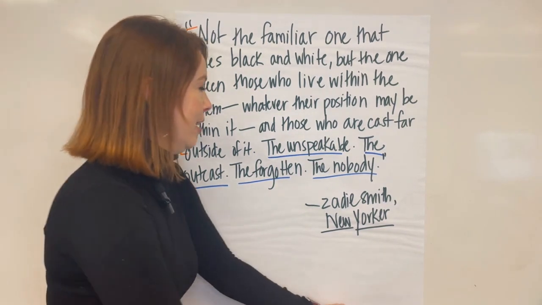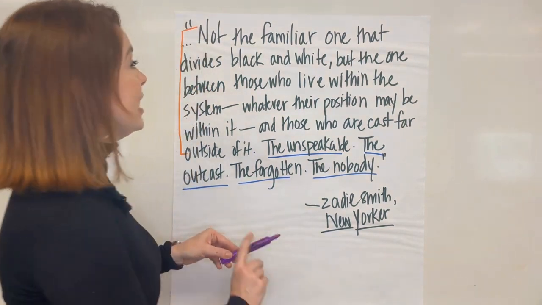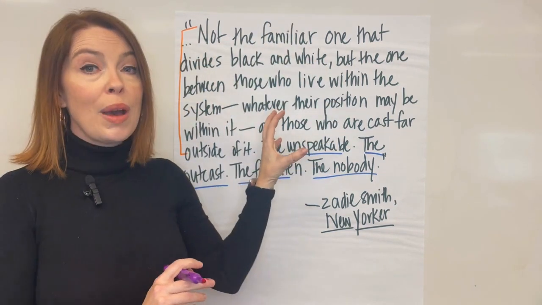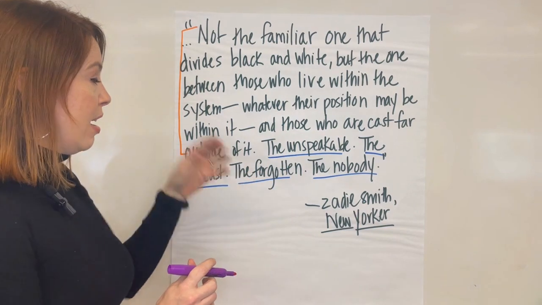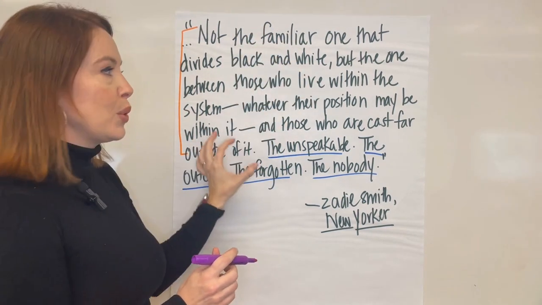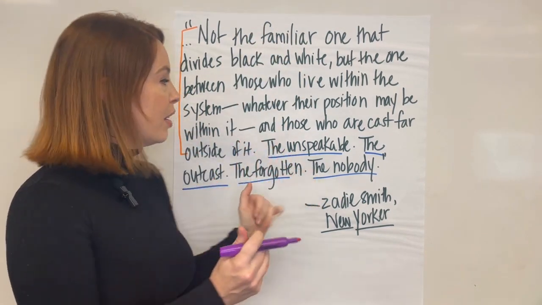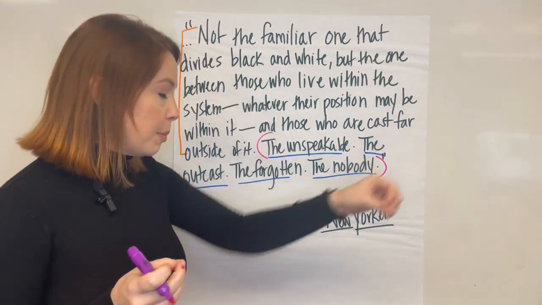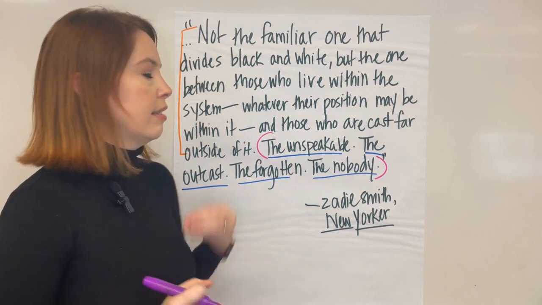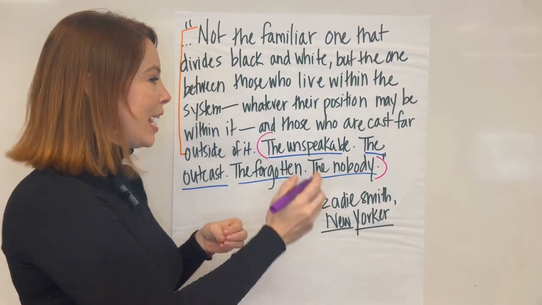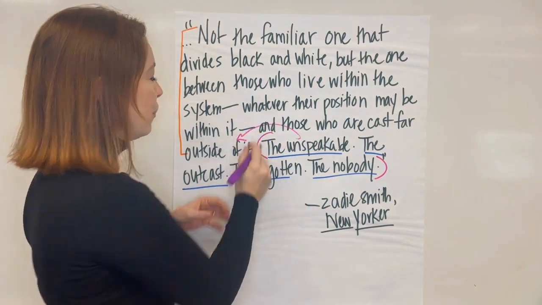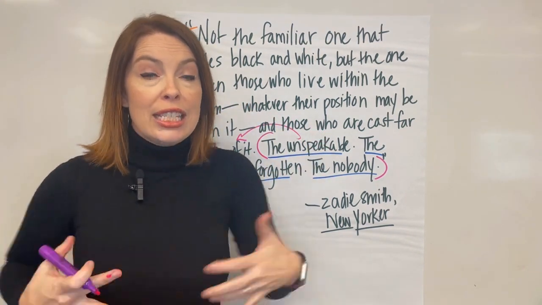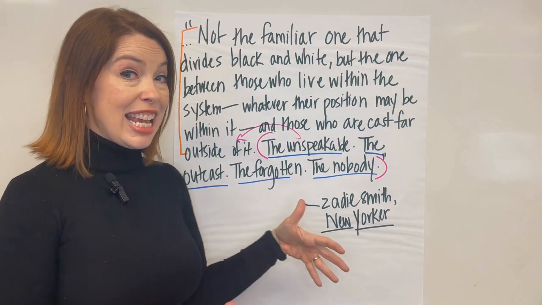Here's what she's done. She has taken this idea of the kind of people who populate Morrison's story. And then, after she's described it at length in lots of words, she takes these phrases: the unspeakable, the outcast, the forgotten, the nobody, to kind of redefine this idea that came before it, to make it punchier, to make it stronger, to make it stand out.